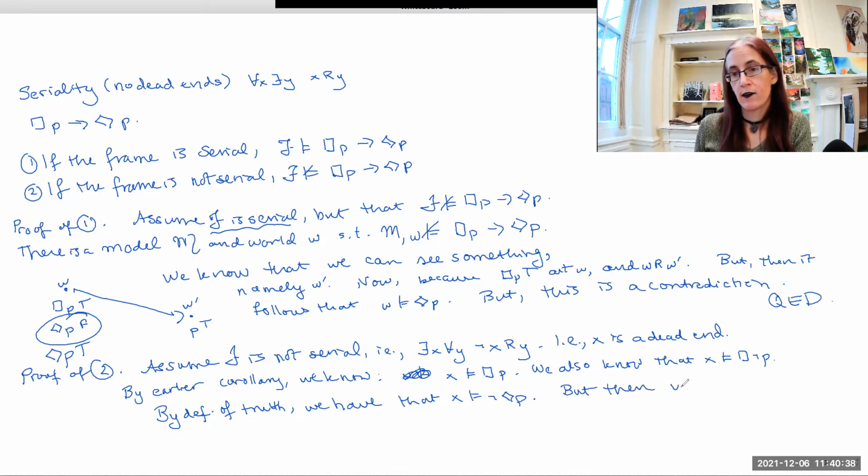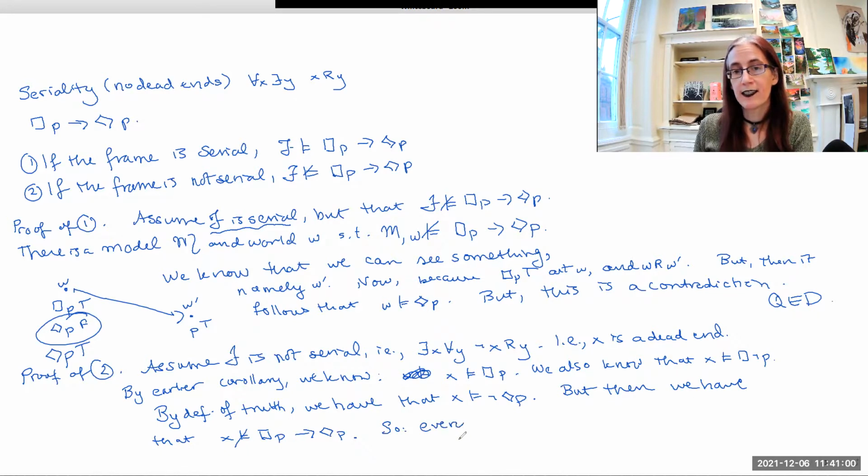But then we have that at X, necessary P implies possibly P is not true, because we have a true antecedent and the negation of the consequent is true. That means the consequent itself is false.